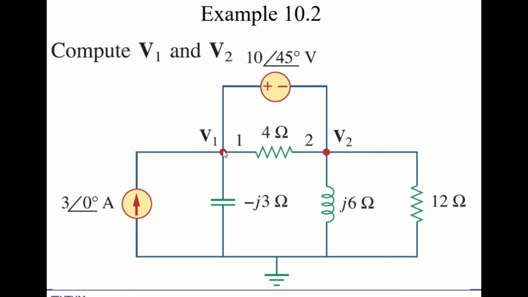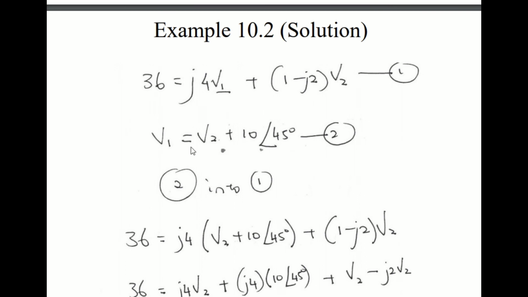We know that the potential difference between V1 and V2 is 10∠45 degrees, so V1 minus V2 equals that value, which gives V1 equal to V2 plus 10∠45 degrees. Then you use Cramer's rule to solve these two equations to get V1 and also V2.